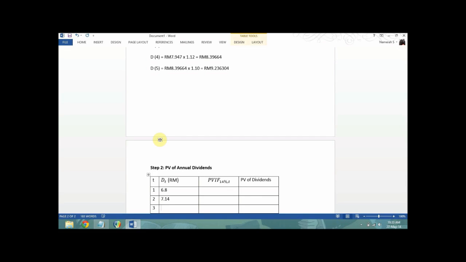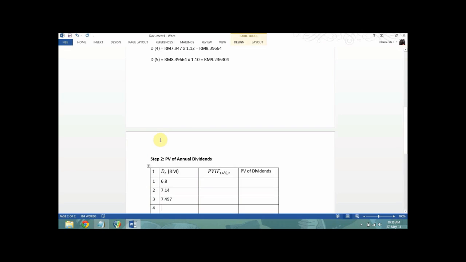The dividend for year 3 was 7.497. The dividend for year 4 was 8.39664. Now to calculate the present value of dividends, we will have to multiply it with the present value interest factor, 14% of the year of the dividends.